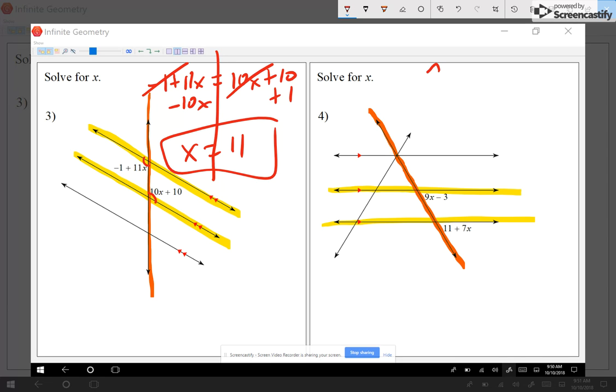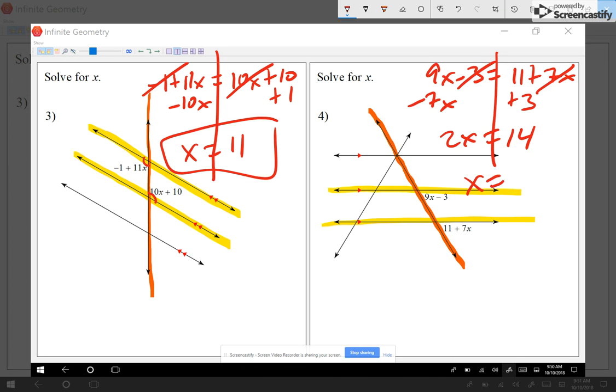So they equal each other. 9x minus 3 equals 11 plus 7x. I'm going to move the 7x to the left. I'm going to move my minus 3 to the right. Obviously, switch the signs. I get 2x equals 14. So x must be 7. Divide both sides by 2. The questions were just solve for x, so we're good to go.